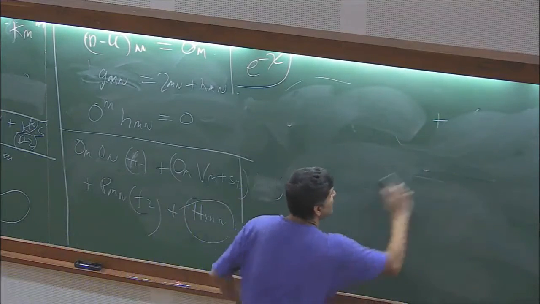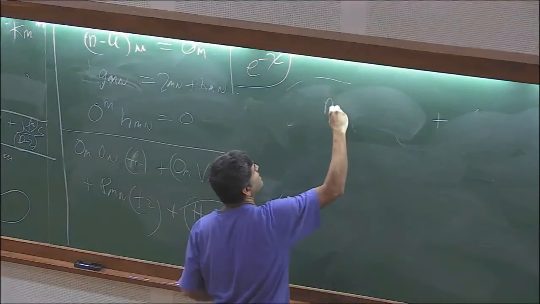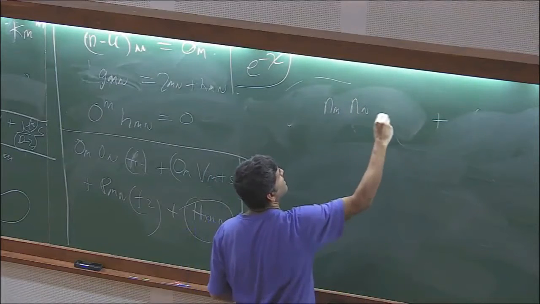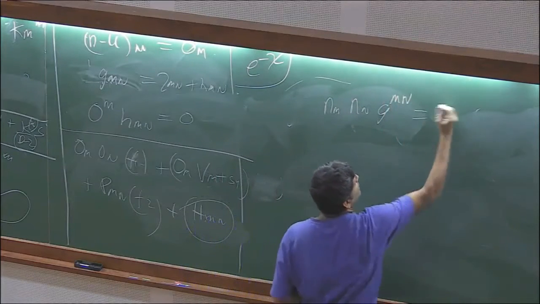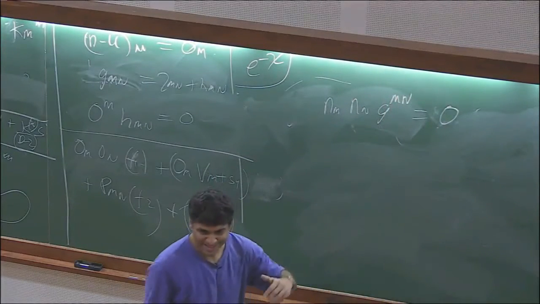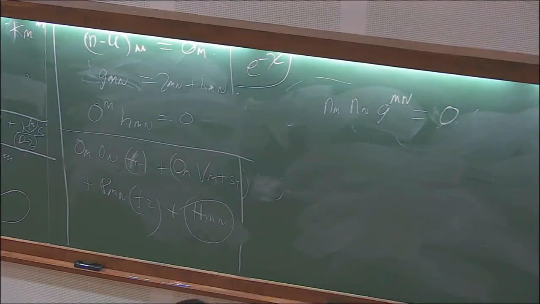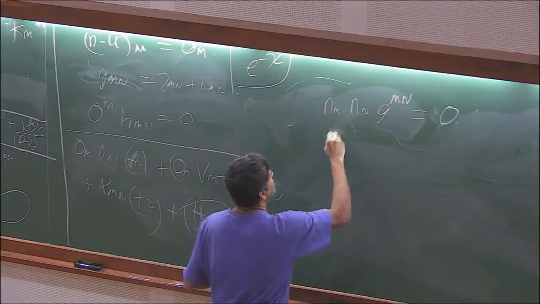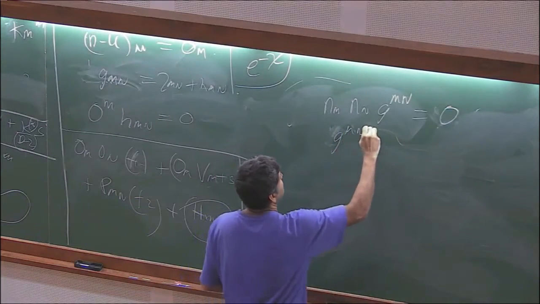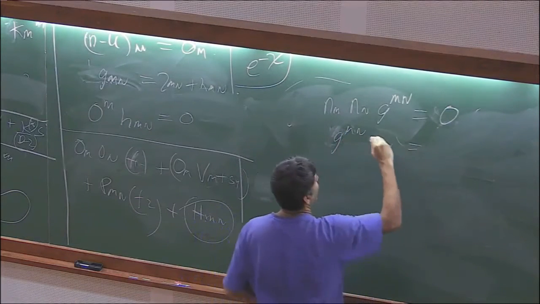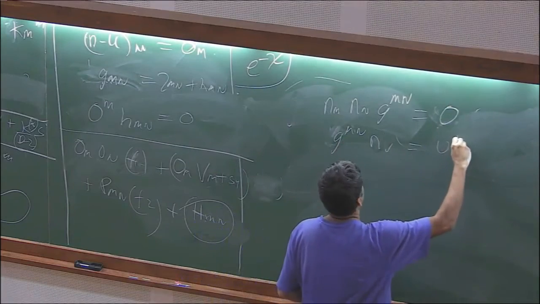The additional conditions are that n^m n^n g_mn is equal to 0 at all orders, so that you could redefine your psi. I'll just write down the conditions, and that g_mn u^n, n^n is equal to u_m at all orders.